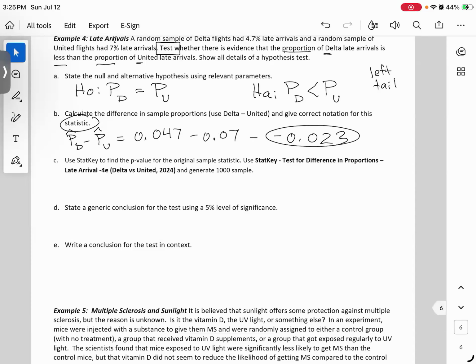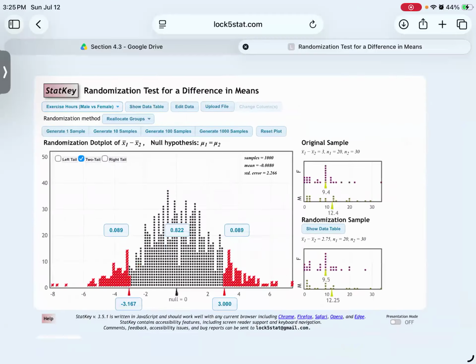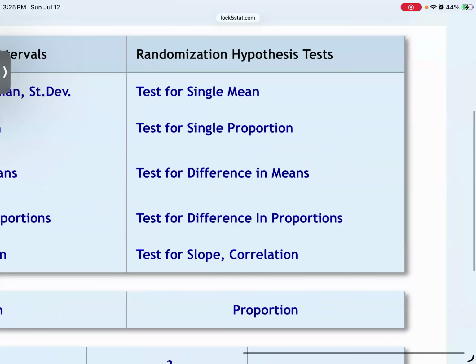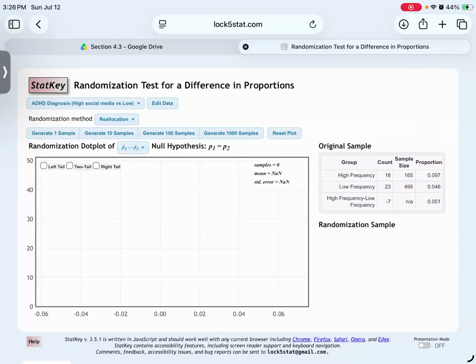All right, so let me go there. Again, keep in mind what our statistic is. Let me put a little equal sign right here. It's negative 0.023. I'm going to go ahead and get to the homepage of StatKey and switch over to the one that's difference in proportions.